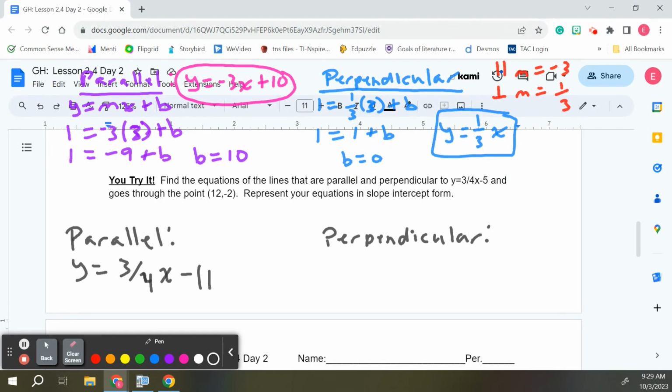Who's got the perpendicular equation? Anybody? Go ahead. y equals negative 4/3 x plus 14. There you go.